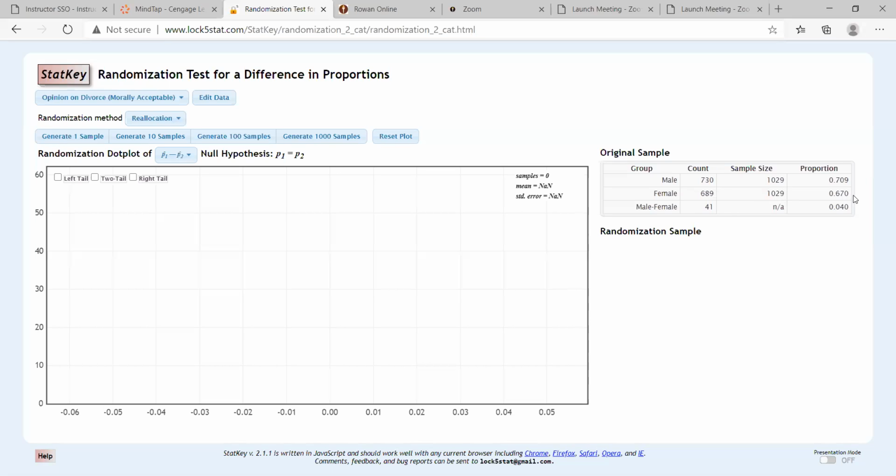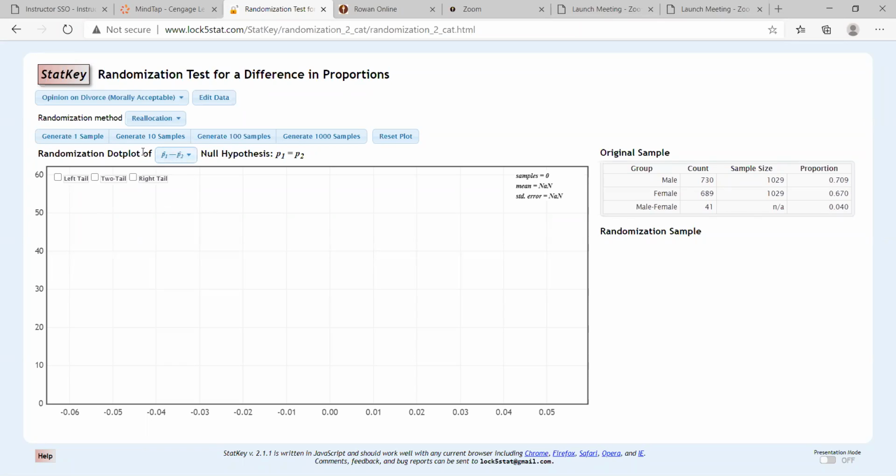So the difference in group 1, which is the males, and group 2, which is the females, the difference in their proportions is approximately 0.04. All right. So that is the sample difference in proportions. In other words, it's P1 hat, the little hat above the P represents a sample proportion, minus P2 hat, which is group 2's sample proportion. That's what they're referring to here.